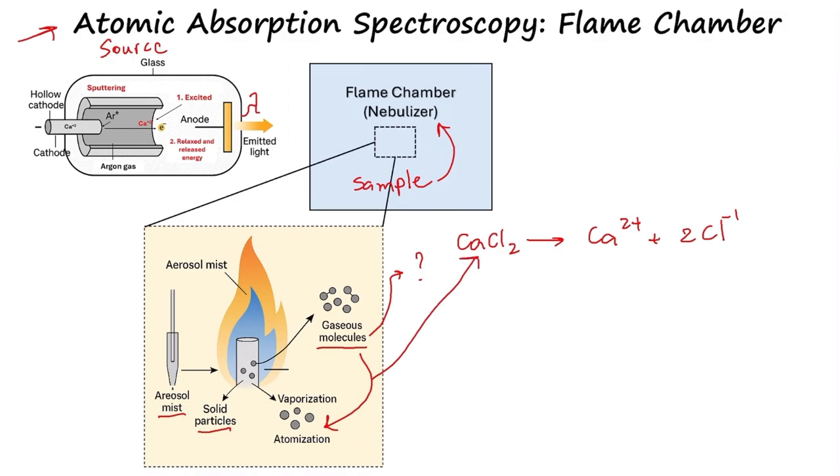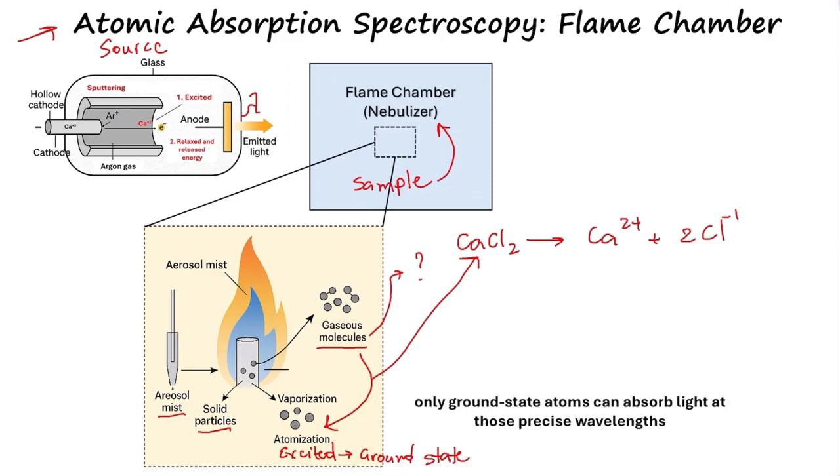They could be in the excited state, so the next step is to take them to the ground state, because only ground state atoms can absorb the light at the precise wavelengths. Excited atoms do not absorb. They're already excited. They've already absorbed. So these calcium atoms need to be in the ground state. The flame temperature is carefully chosen here to maximize the number of ground state atoms that are available.